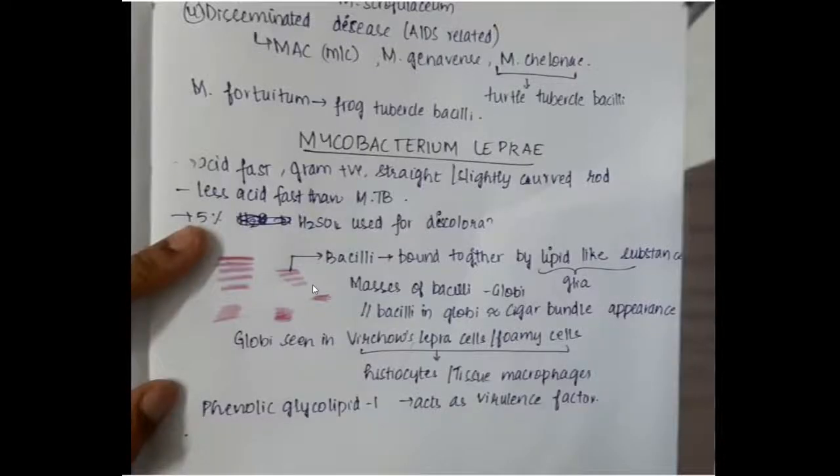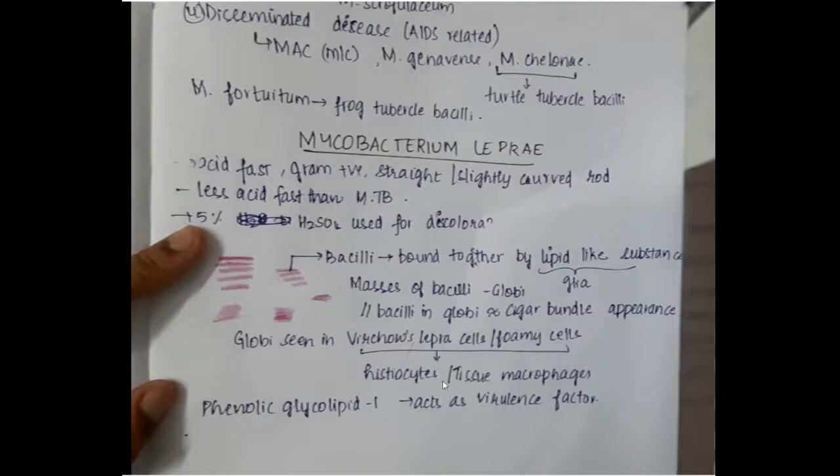In Mycobacterium leprae, the bacilli are bound together by a lipid-like substance. The masses or groups of the bacilli are called globi. In the globi, the bacteria are parallel to one another, and this parallel arrangement of bacilli is called cigar bundle appearance.